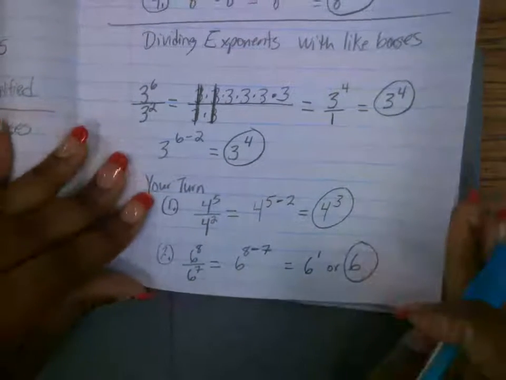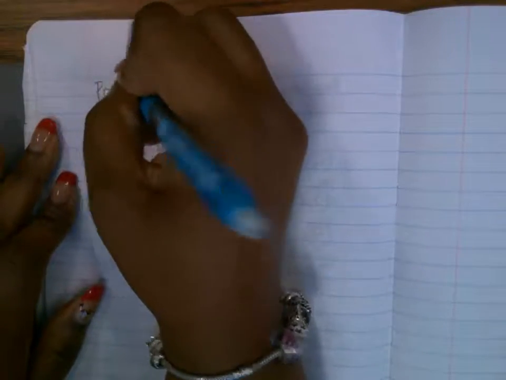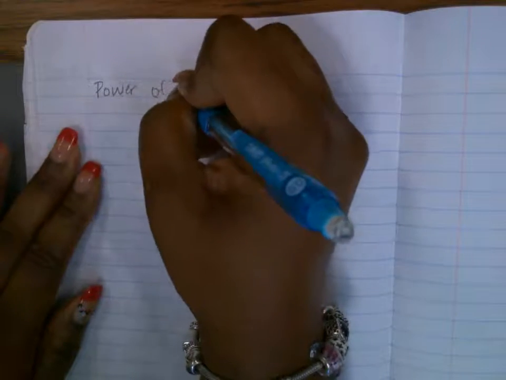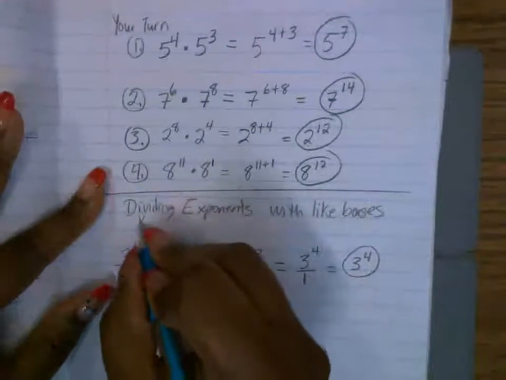All right, let's do one more. We have a power of a power, an exponent raised to another exponent. Oh, and I forgot to put right here, sorry, let's do the star.